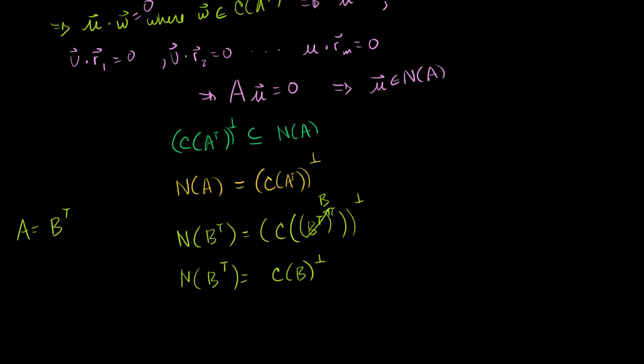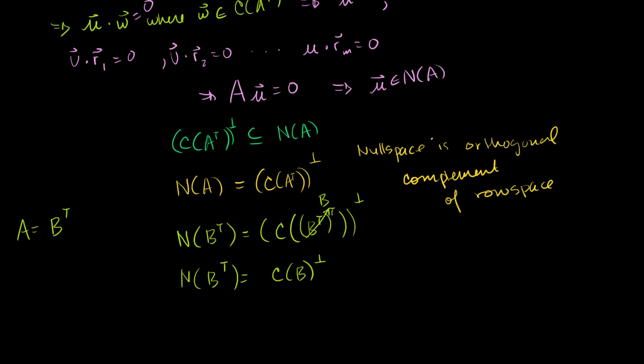So just like this, B and A are just arbitrary matrices. So this showed us that the null space, sometimes it's nice to write in words, is the orthogonal complement of the row space.